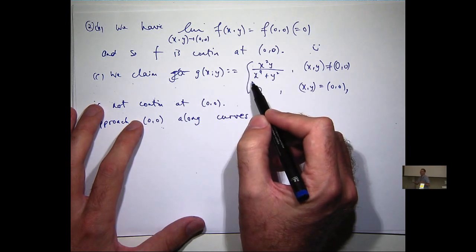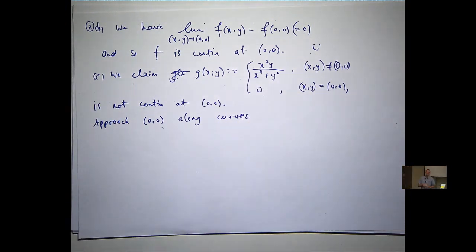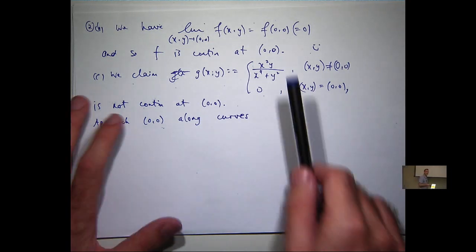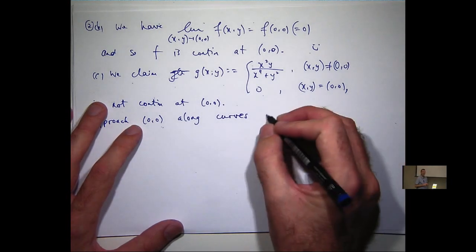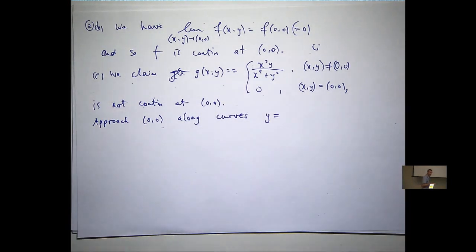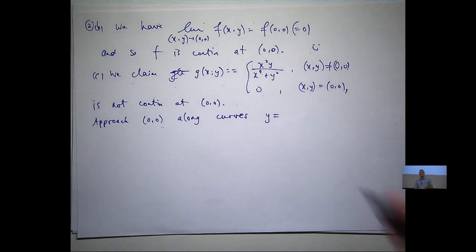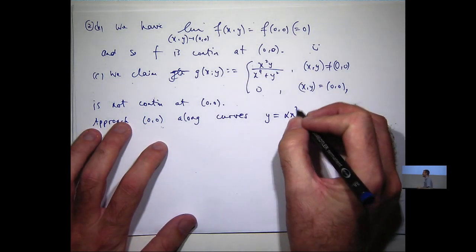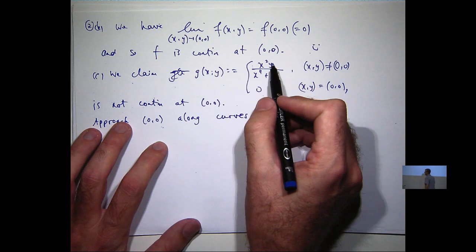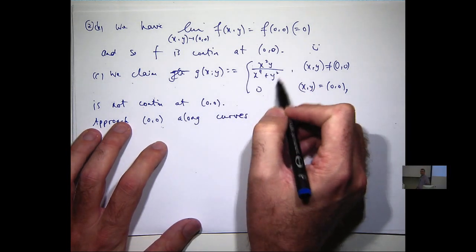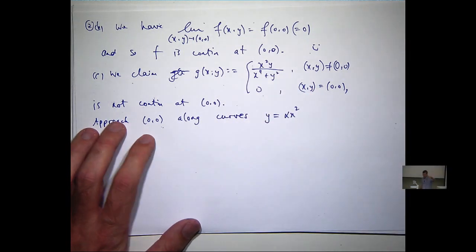You want to end up with the same powers so you can cancel off. So can anyone suggest what we might choose, say y equal to some curve? What should our curve be for this one? Alpha x squared. Well, if I put in alpha x squared where alpha is a non-zero constant, I'll get x to the power 4 up there and x to the power 4 in here. So they'll all be the same.